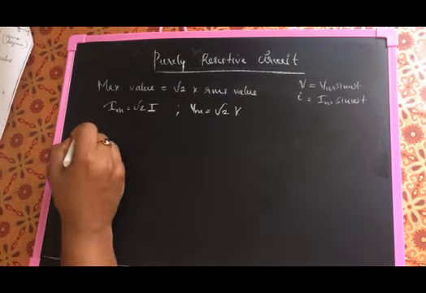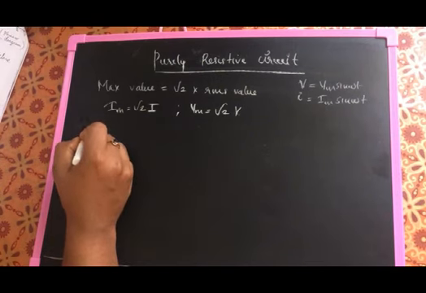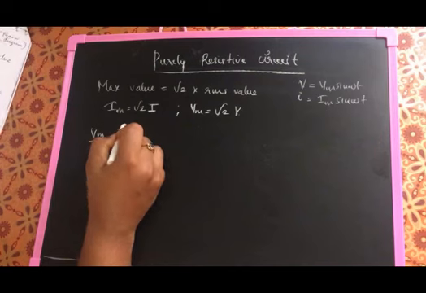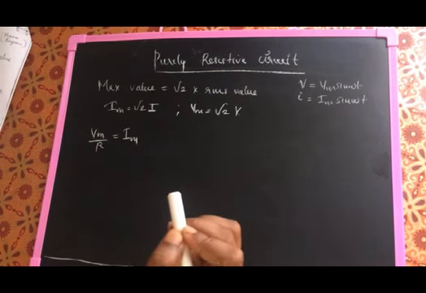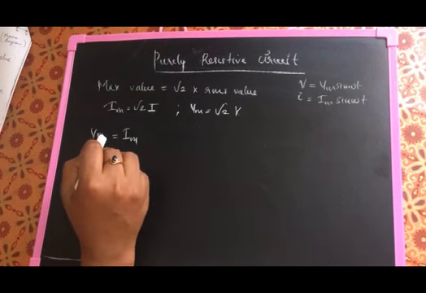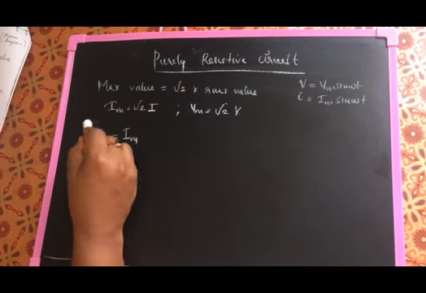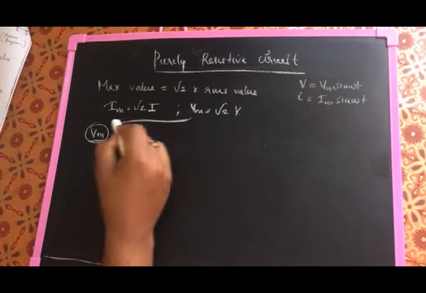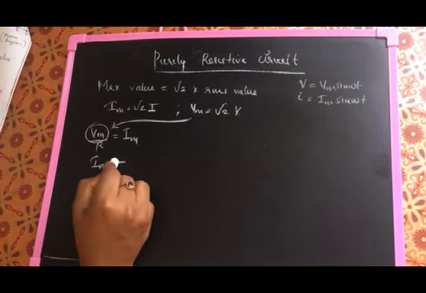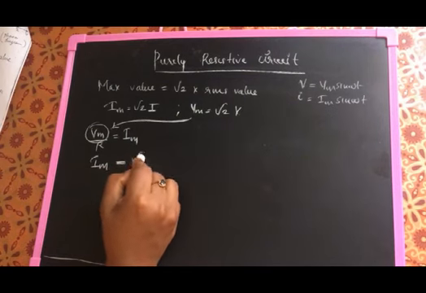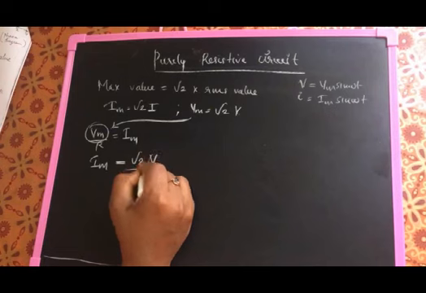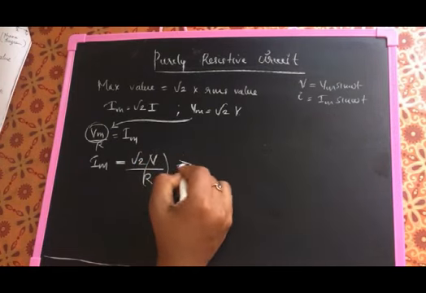So earlier we had the equation Vm by R is equal to Im. In this equation, substituting the value of Vm, you can rewrite it as Im is equal to root 2 into V divided by R. What is this V by R?